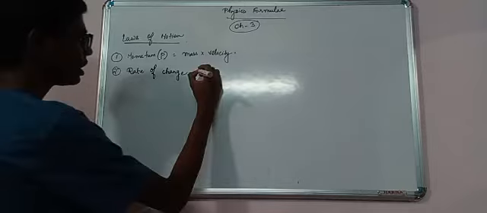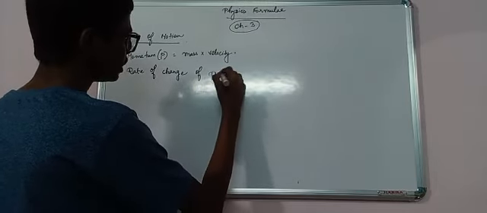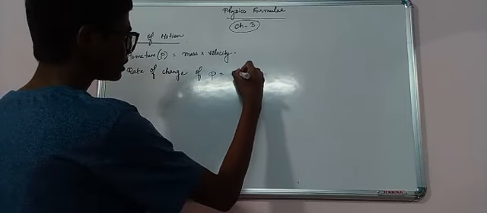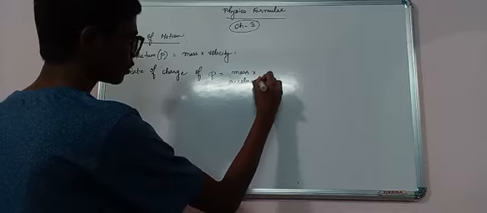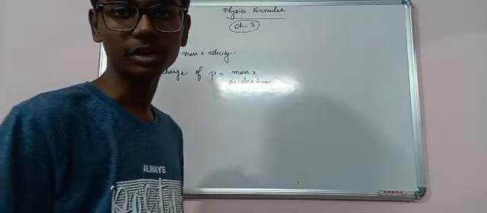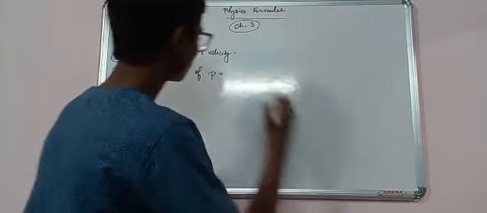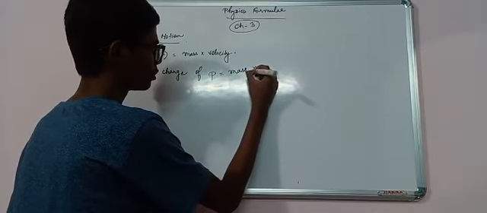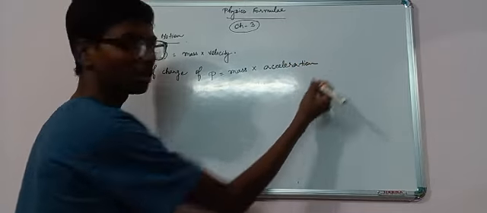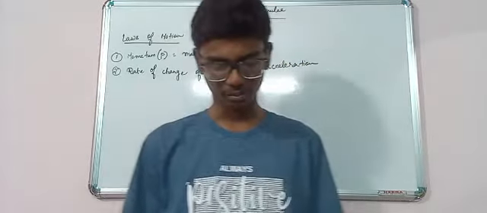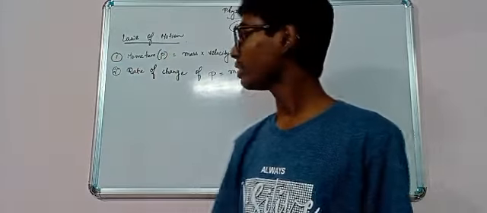But the formula is something different. See, what is the formula? I'm writing P here. Rate of change of momentum is mass into acceleration. Now you will say, I've just said rate means by time.